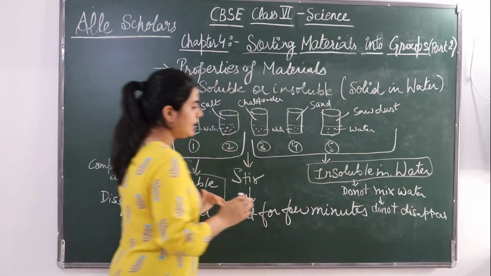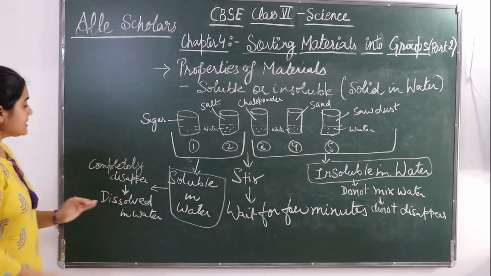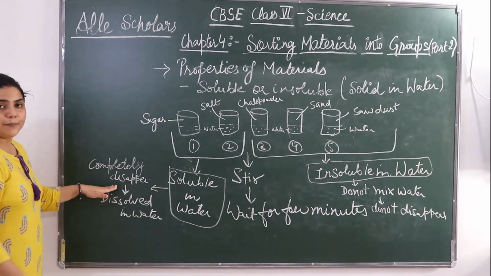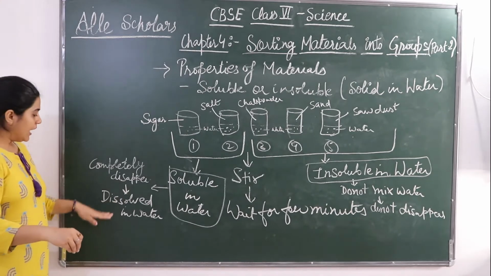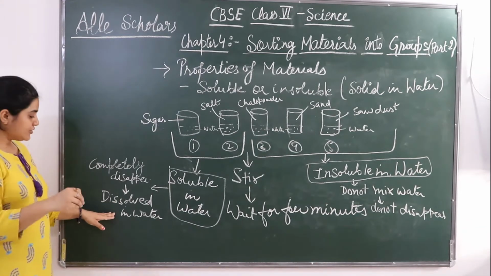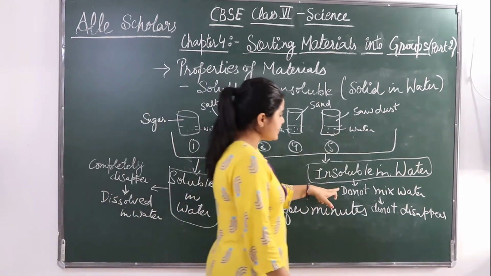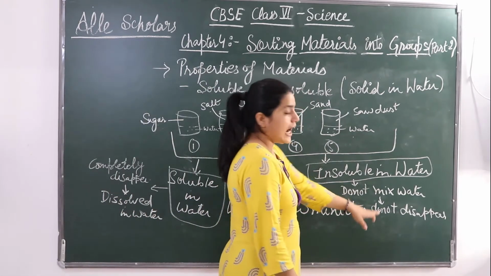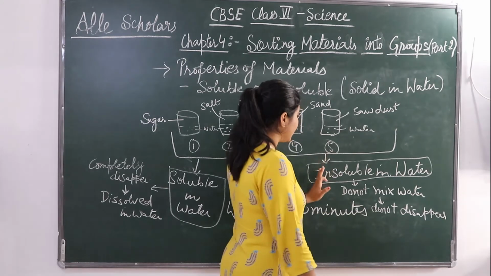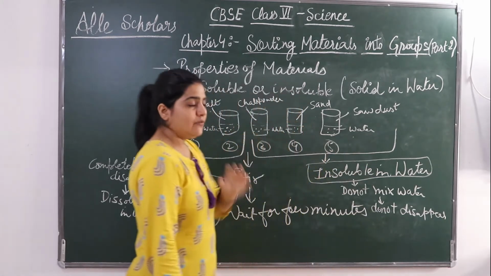So the substances that completely disappear when dissolved in a liquid, when dissolved in water, are called soluble in water. Substances that do not mix with water and do not disappear in water are called insoluble in water.